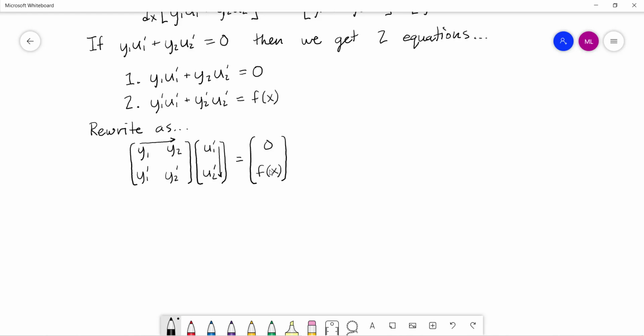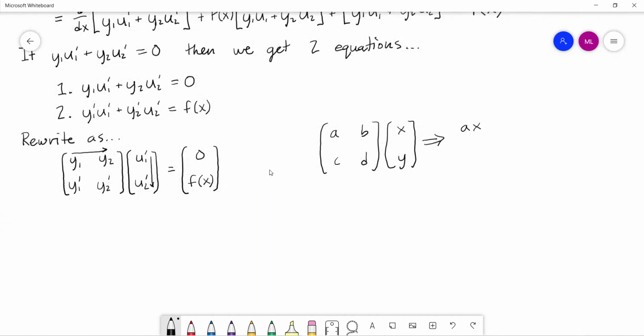To be totally clear, if we had a, b, c, d multiplying x, y, this represents ax plus by as the top entry, and for the bottom entry it would be cx plus dy. Across, vertically here.